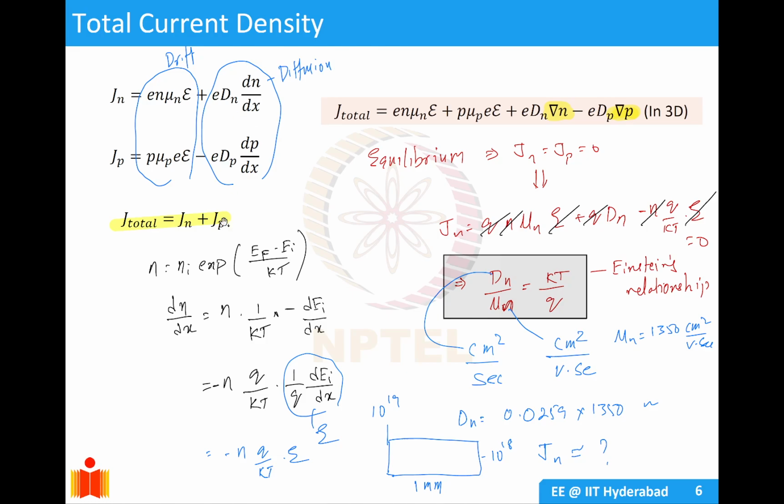You take the derivative, it becomes n by kT times (minus dEi by dx). You multiply both sides by charge, so this becomes electric field. So del n by del x equals minus n q by kT into electric field.